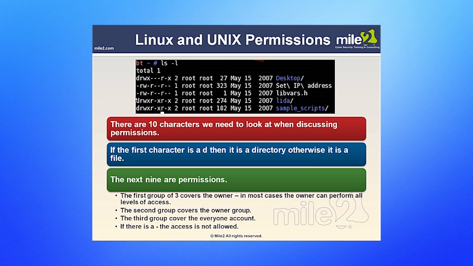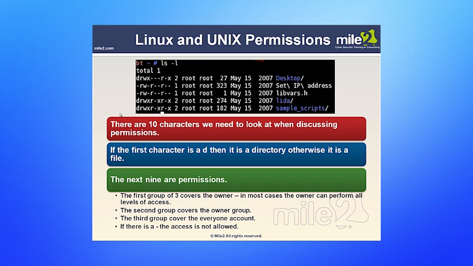And then the next 3, which there can be dashes in there. So you got RWX, then we have R no write X. That would essentially be the group, the owner's group. And then the third one is everyone, which looks like we've got read and execute only for that particular directory. If you see a dash, there is no access given there.